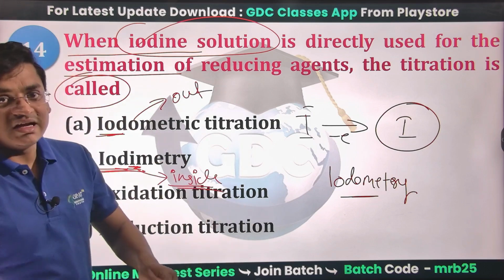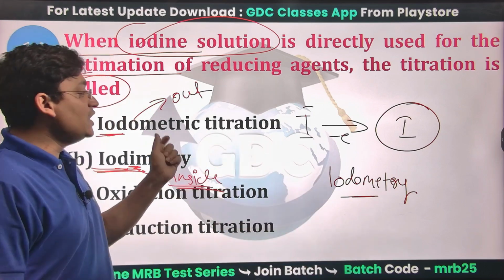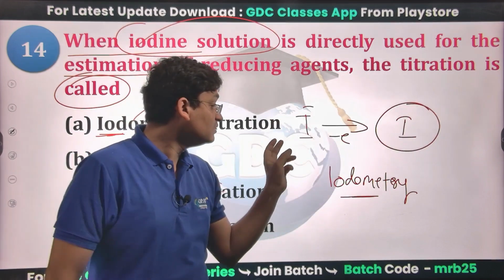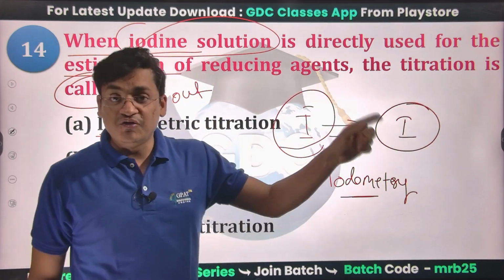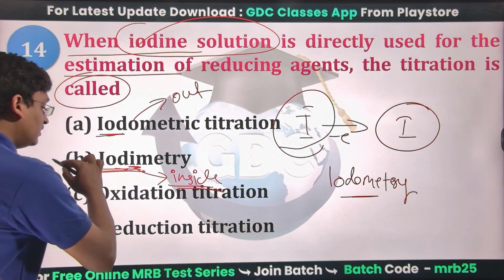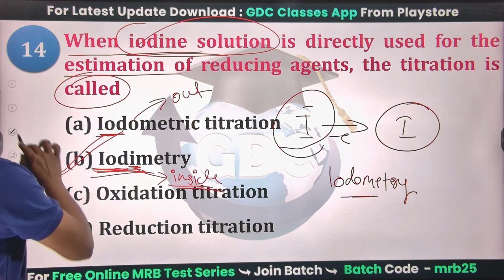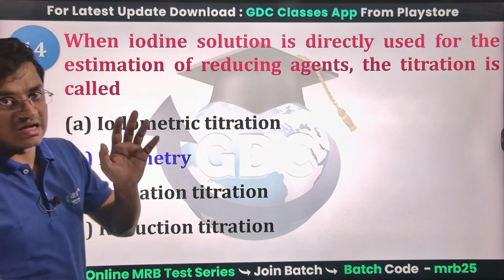So iodimetry is the use of iodine, and iodometry is the appearance of iodine as the oxidized product of the iodide ion. Here we are asked that iodine solution is directly used, so iodimetry will be the right answer, that is B.